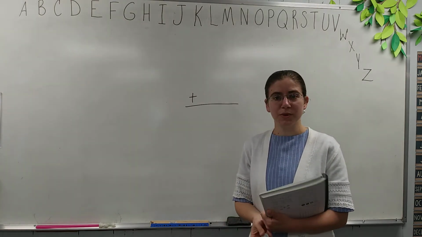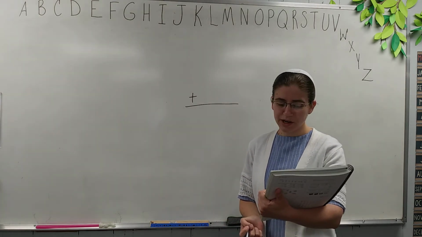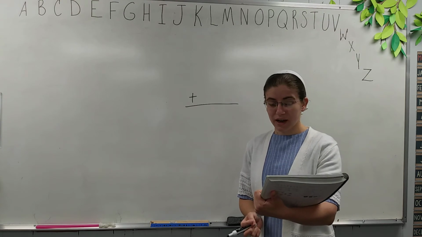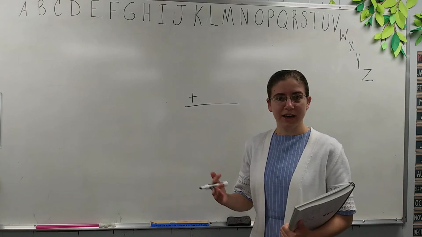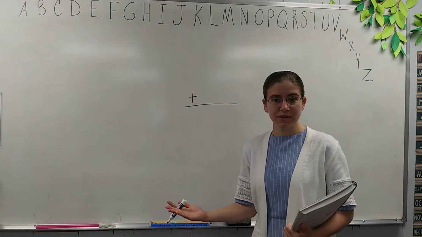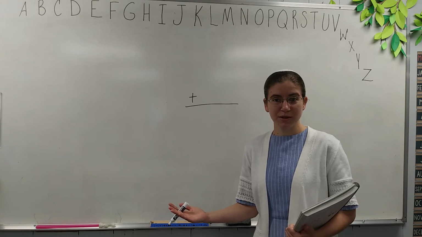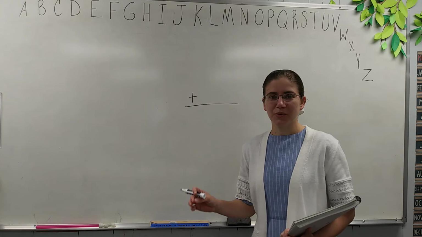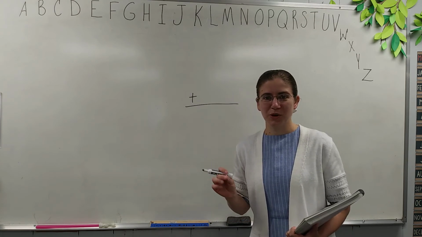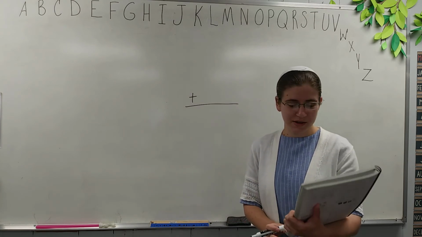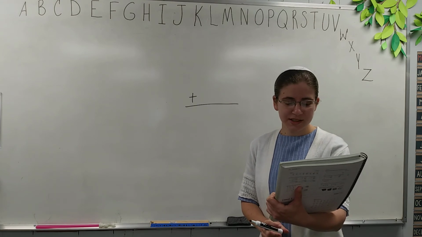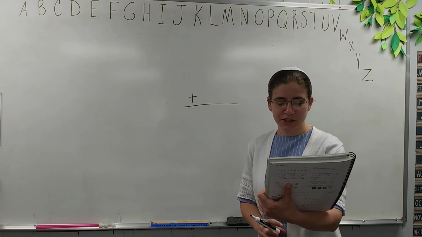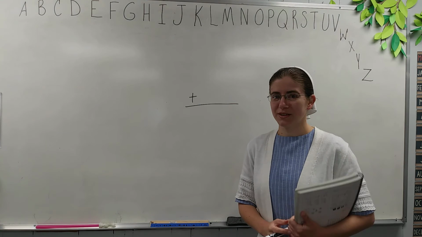But which numbers do we need to add? I see a 12, and I see a 9, and I see a 5. Should we add all of those numbers together? Is that what we need to do? Well, what is the question? If we read carefully, then we'll know which numbers we need to add together. The question at the end says, how many baby chicks are there all together?